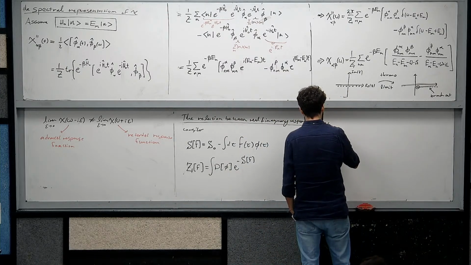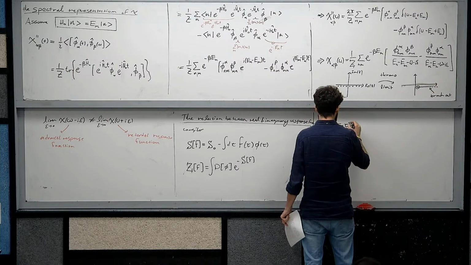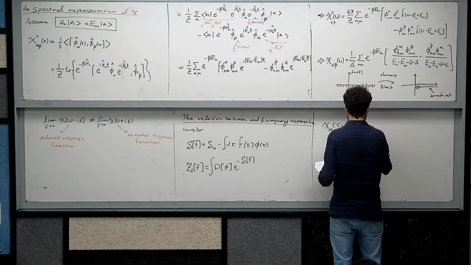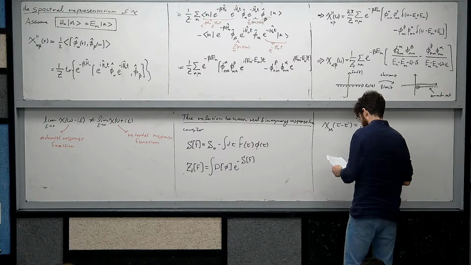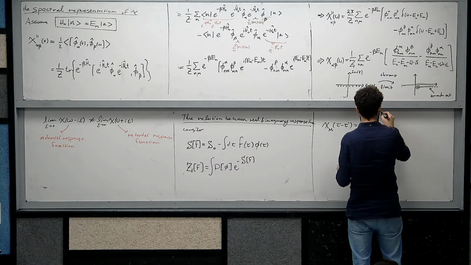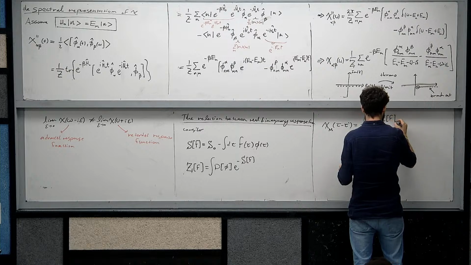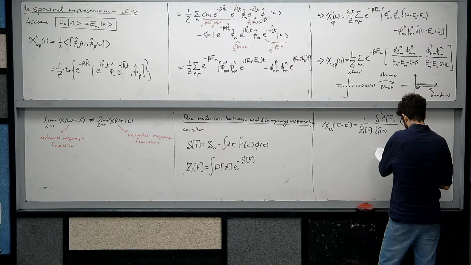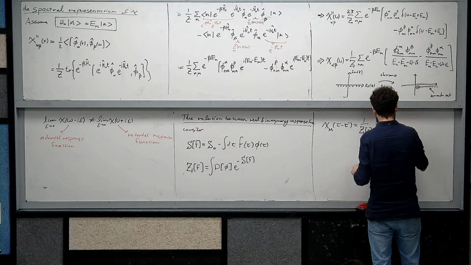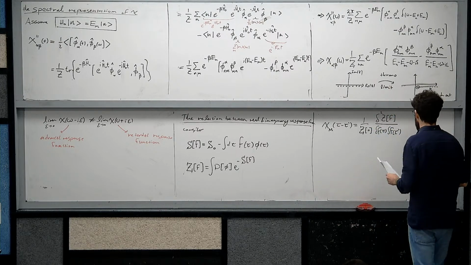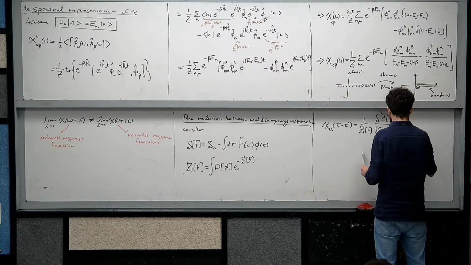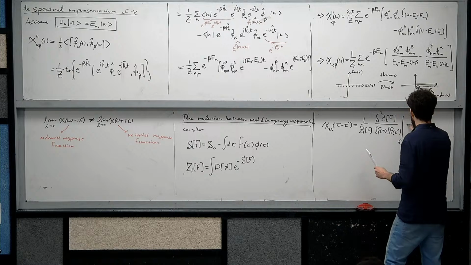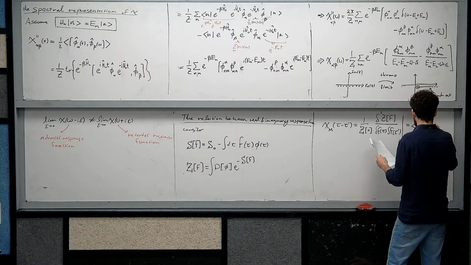Then we can define chi m of tau minus tau prime as 1 over Z naught, delta squared Z of f divided by delta f of tau delta f of tau prime, at f equal to 0, and this just gives us the expectation value.